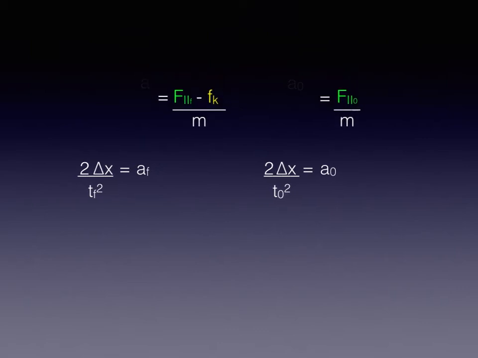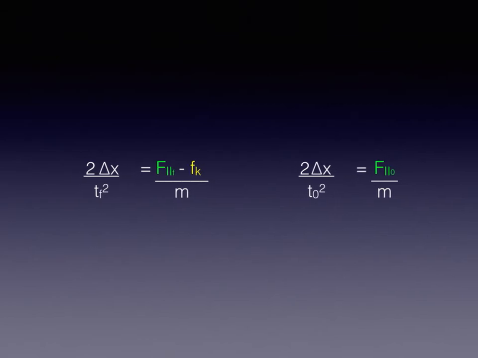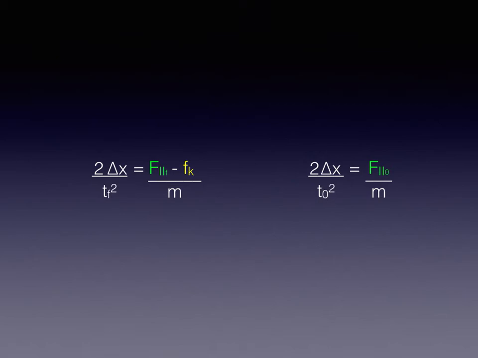Let's just set them equal to each other. And acceleration is equal to both of those on either side of it. So in this case, acceleration just drops out entirely. So now we have statements about displacement and time being equal to force and mass on the other side. Okay? Well, where do we go from here?